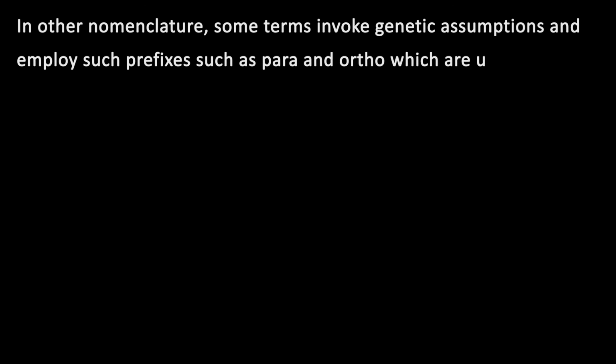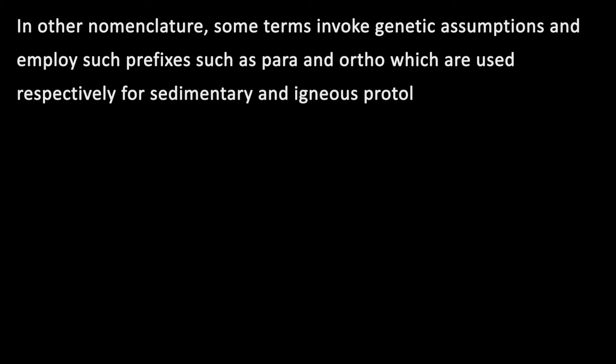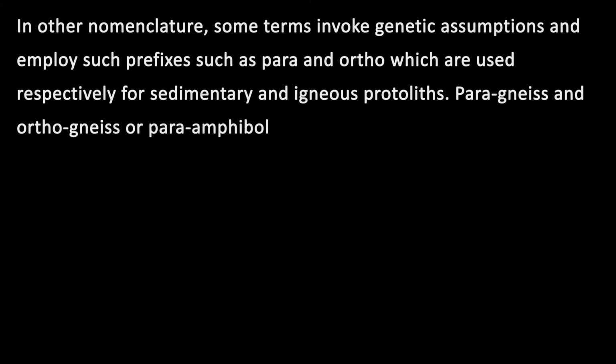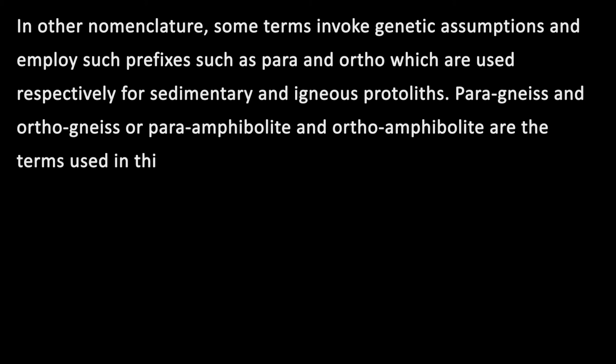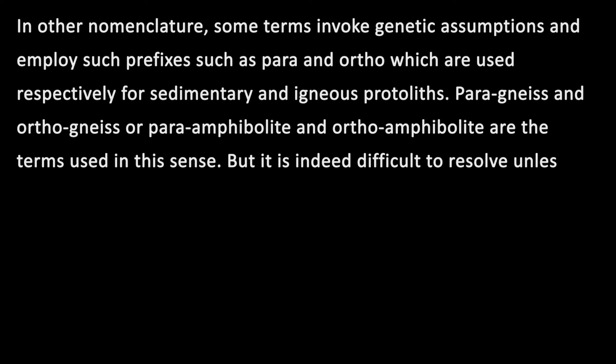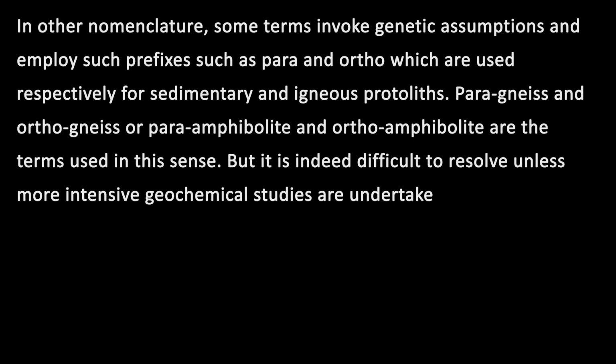In other nomenclature, some terms invoke genetic assumptions and employ such prefixes as para and ortho, which are used respectively for sedimentary and igneous protolith. Paragneiss and orthogneiss or paraamphibolites and orthoamphibolites are the terms used in this sense, but it is indeed difficult to resolve unless more intensive geochemical studies are undertaken.